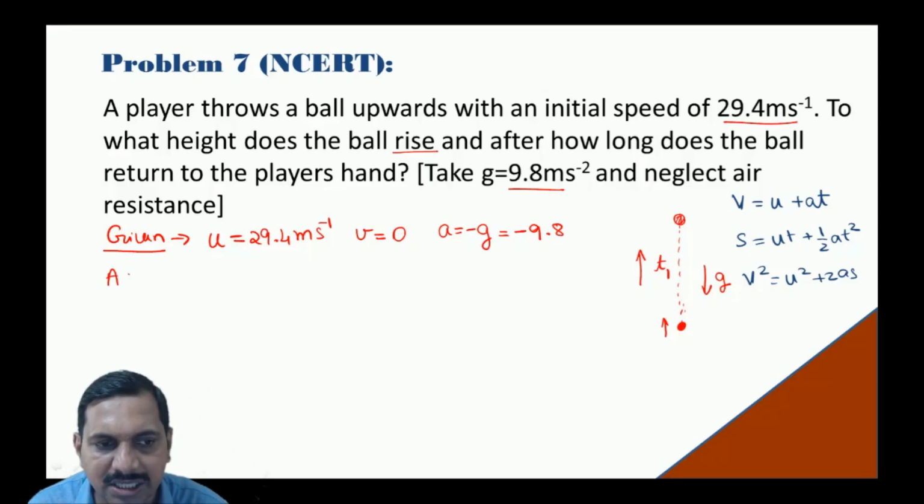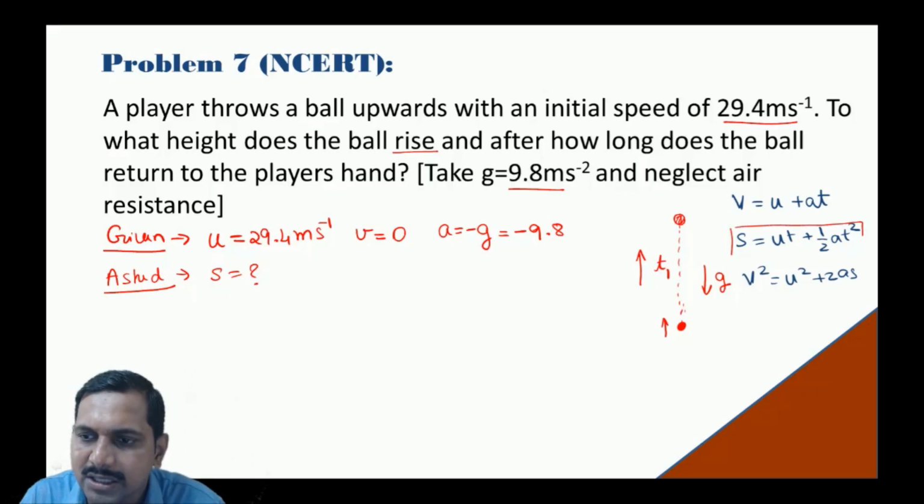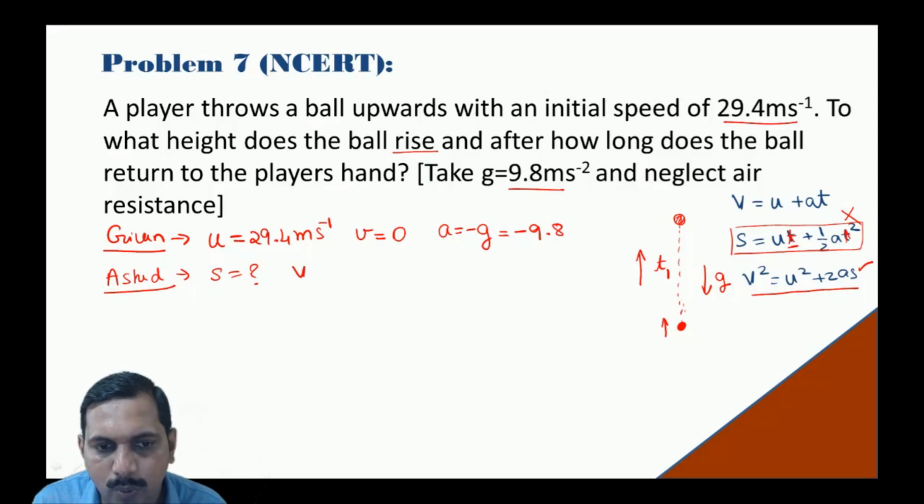And what is asked here? s, which is the question mark. s is there in the second equation as well as the third, but which is more appropriate? The one which has everything other than s. In the second equation the time is not known, so we cannot use it. We have to use the third equation, v square = u square + 2as.